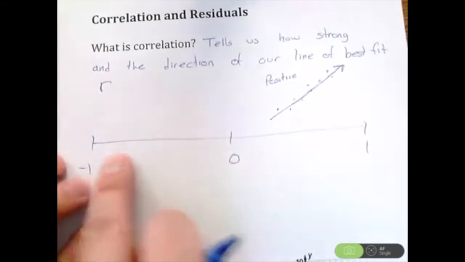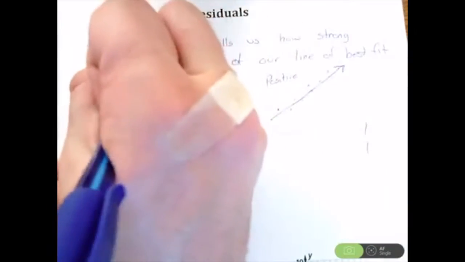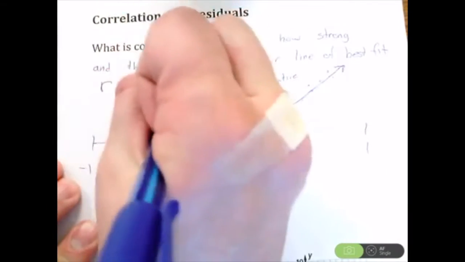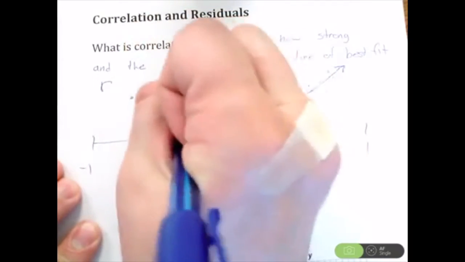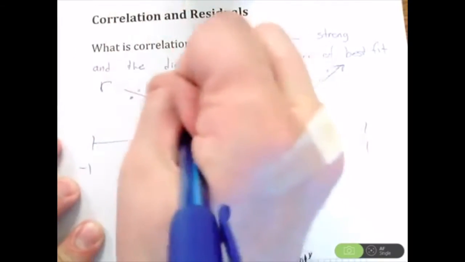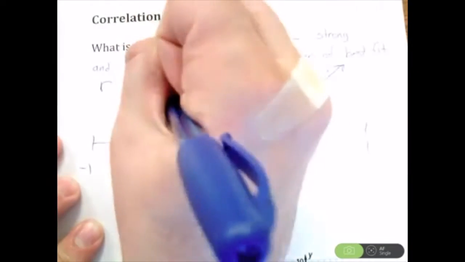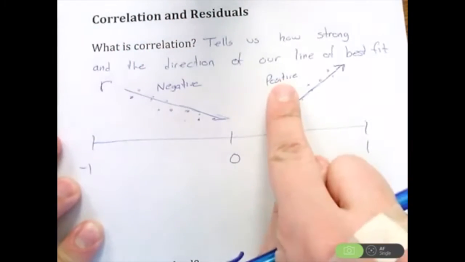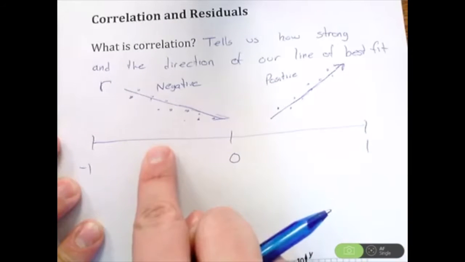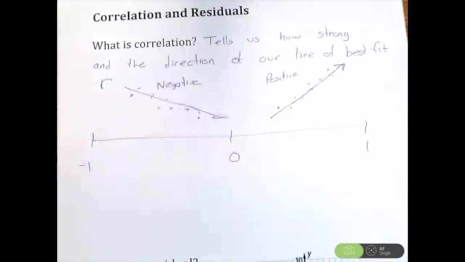If R is negative, then our scatter plot trends downwards and has a negative slope, so it's coming down. So if R is positive, the direction is positive. If R is negative, the direction is negative.